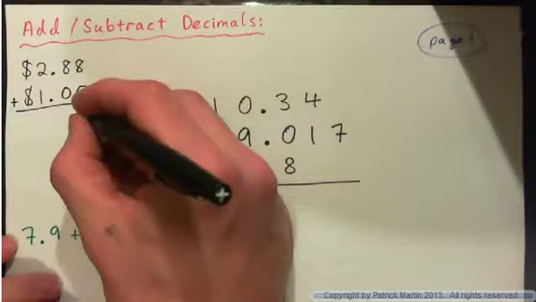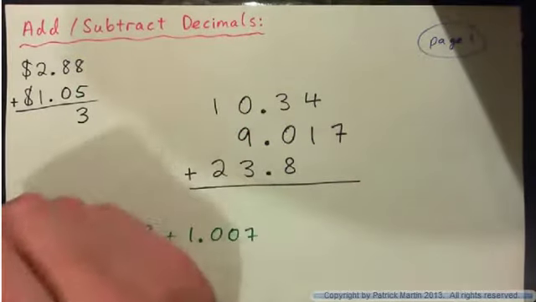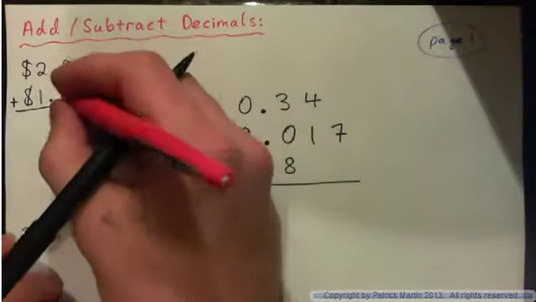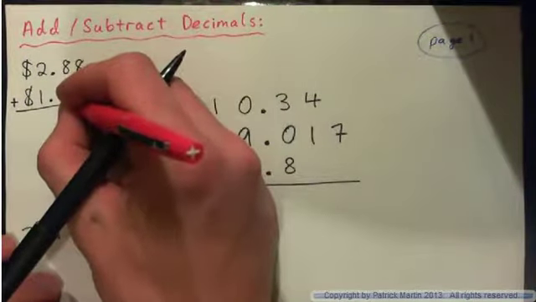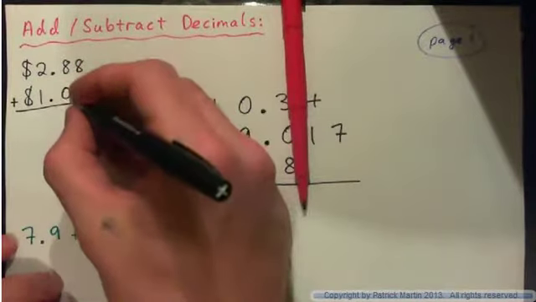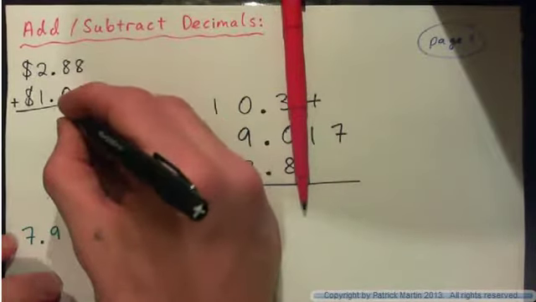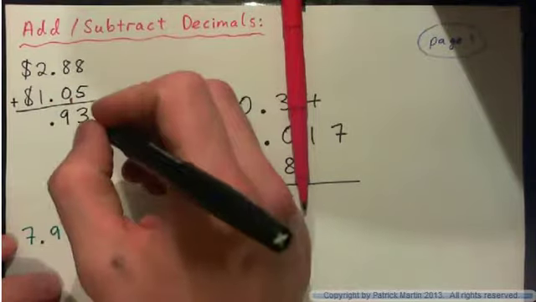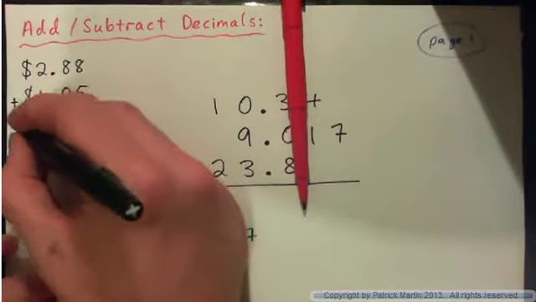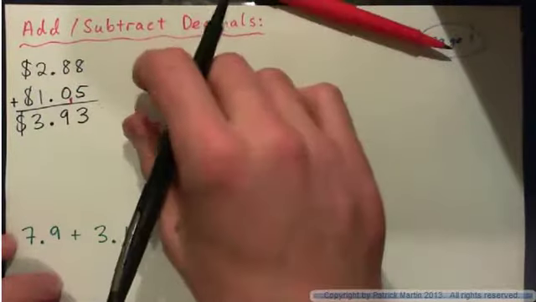So the 3 part of that 13 goes down here. And the 1 part of the 13 is a 10. Okay, and that of course gets added to this next column here, right? So now 1 and 0 and 8 gives us 9. And so we have 93 cents, and then 2 and 1 is $3. Okay, so hopefully this makes sense, right?